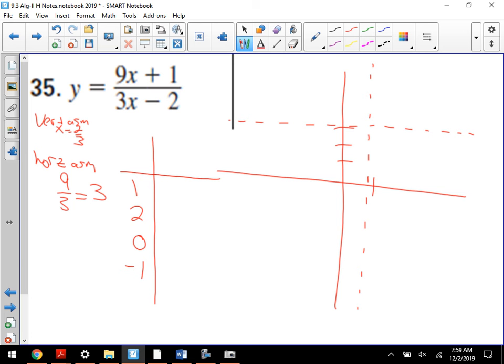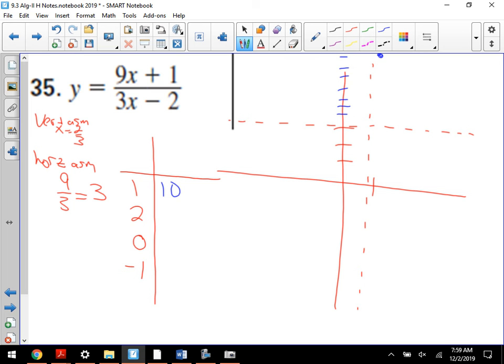So if you use 1, you get 10 over 1. Okay with that? Yeah, so it's 10. Not drawn to scale.